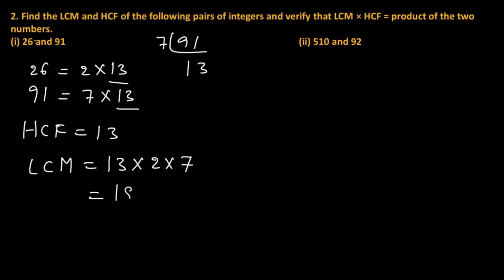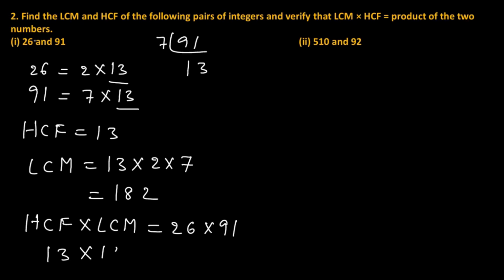What will be the LCM here? You will get 182. They are asking us to check that HCF into LCM is equal to the product of the two numbers. What are the numbers? 26 into 91. So 13 into 182 must be equal to 26 into 91.